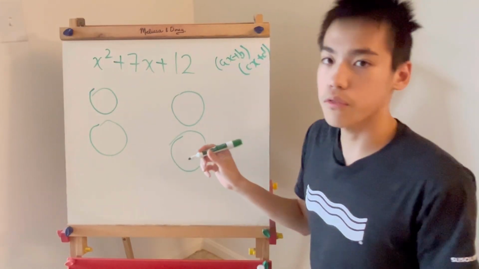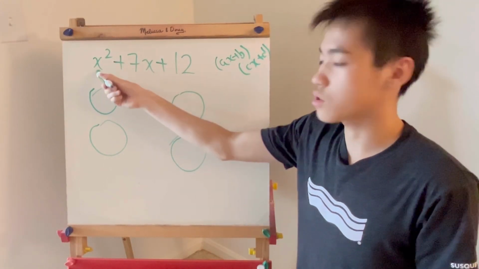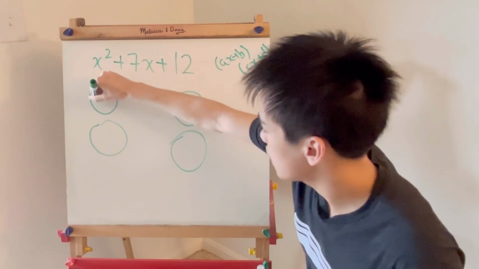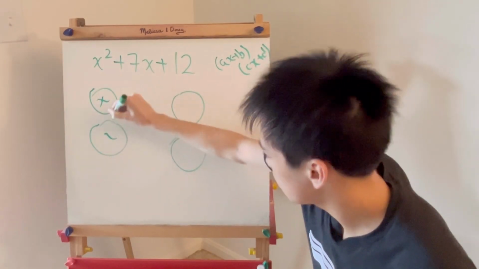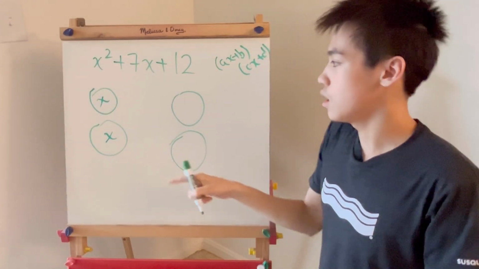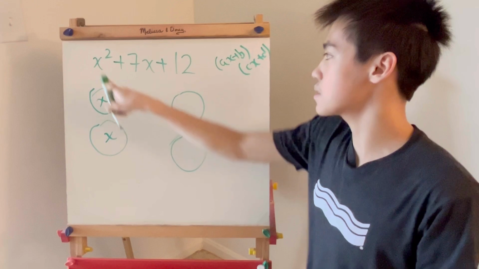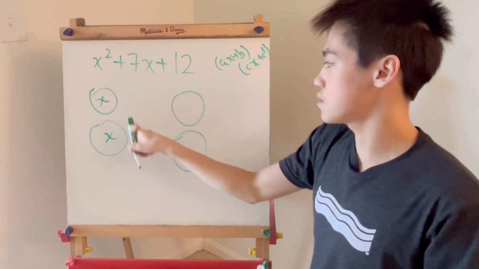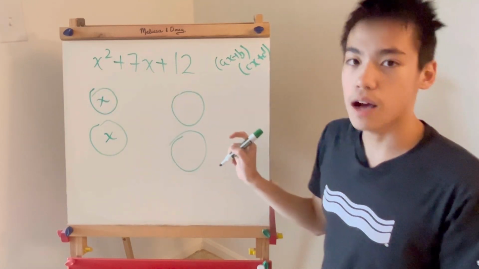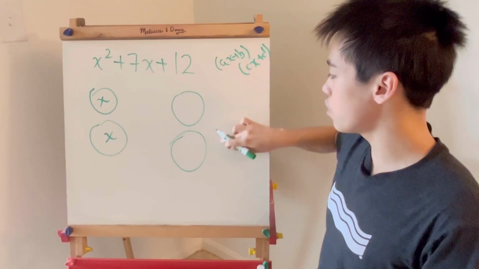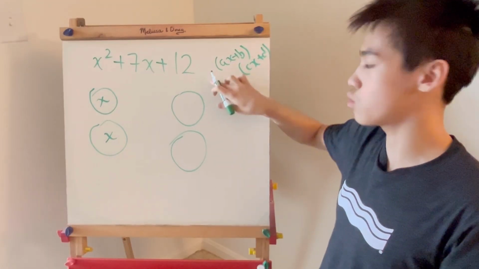So we can start off simply because we know that x squared is just x times x by writing x and x like that. And since we know that x times x equals x squared, we know that this is a valid choice. And so now let's write 2 numbers that multiply to 12.